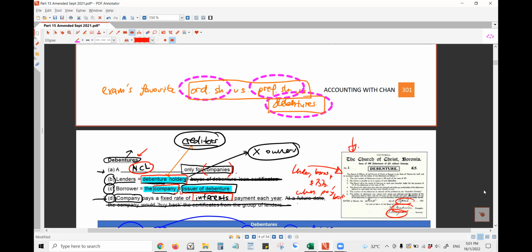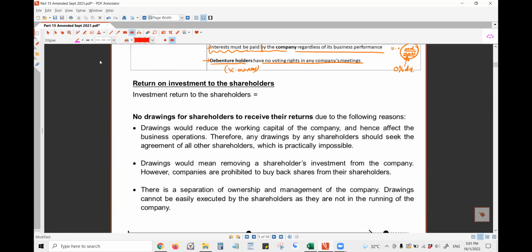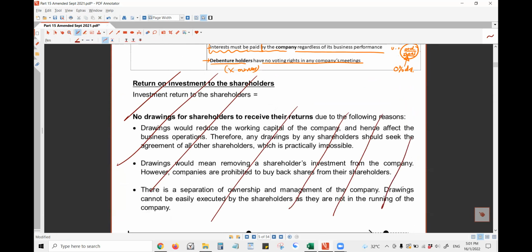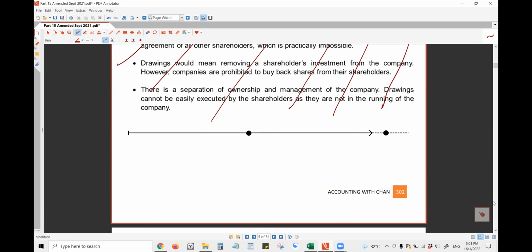Let's see some questions together. On the same page, help me to remove this. I don't need this anymore. These few paragraphs, I don't need to use them anymore. Let's go to some questions.